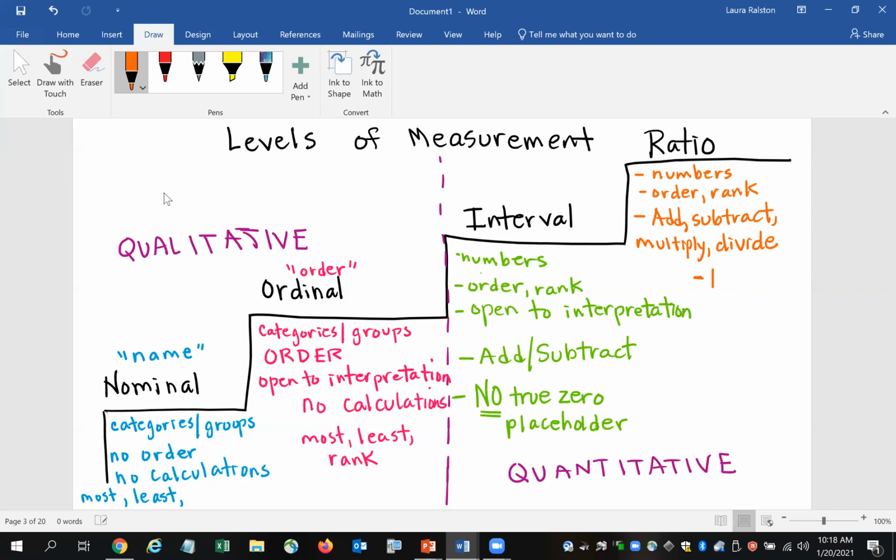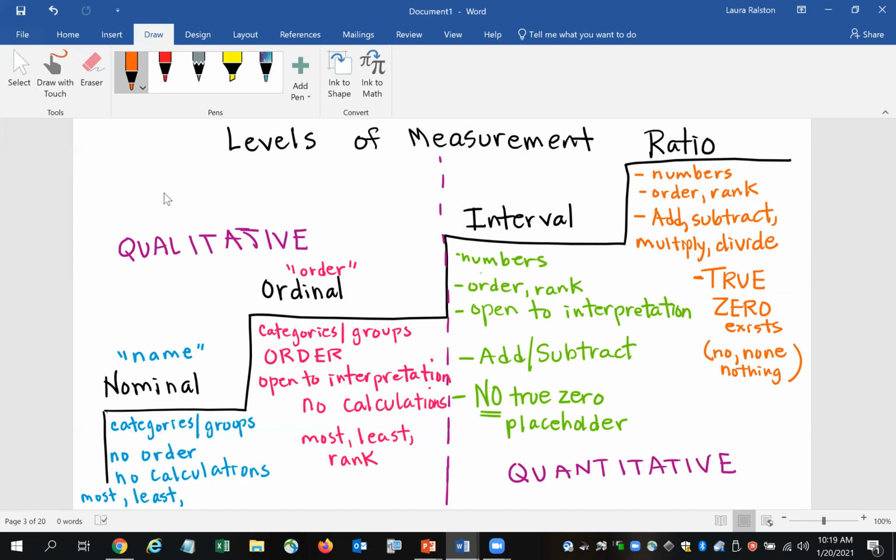The other thing about the ratio level is that true zero exists at the ratio level. So at the ratio level, the concept of a zero would mean that you have none of something or nothing. And this is sometimes confusing to students.